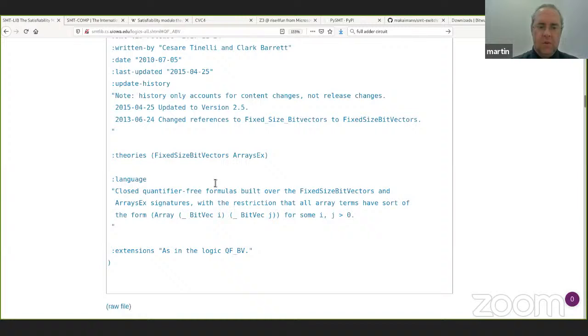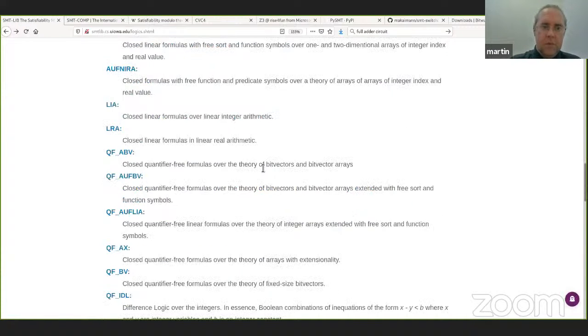So, closed quantifier free formulas built over fixed size bit vectors, that'll be the theory, and arrays with extensionality, but with the additional restriction that all of the array terms are of the form bit vector to bit vector. That's QF_ABV. It's a popular one. So that's the difference between theories and logics.